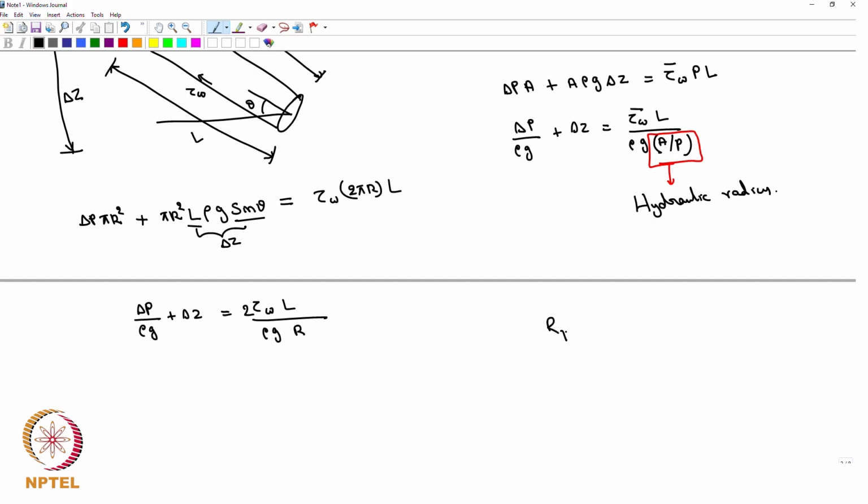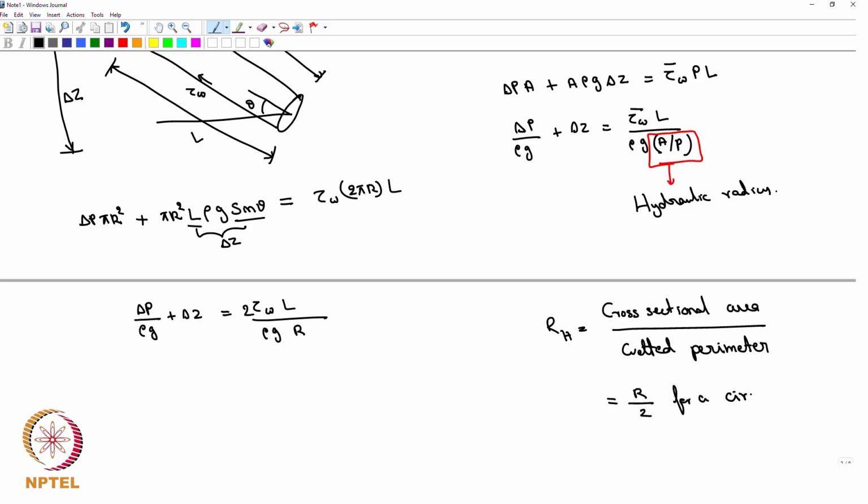In other words, R_H is nothing but cross-sectional area divided by wetted perimeter. And for a circular pipe, that will be equal to R by 2.